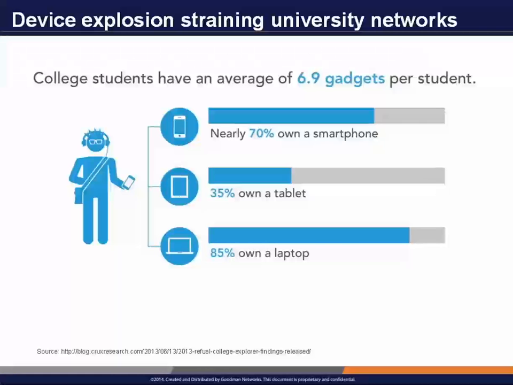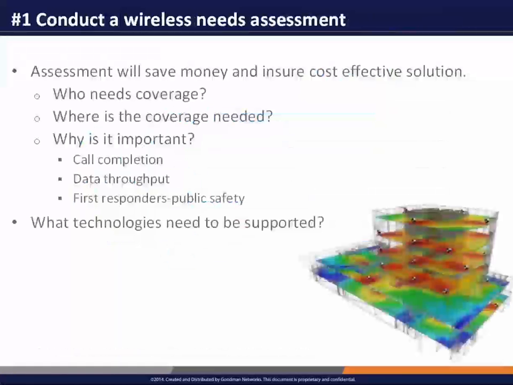Those require signal. You're seeing all sorts of new applications and devices driving the new device explosion and, of course, a demand for systems. All of this adds up to what I feel are the top 10 things we need to address for a DAS installation, and let's move on to that now.